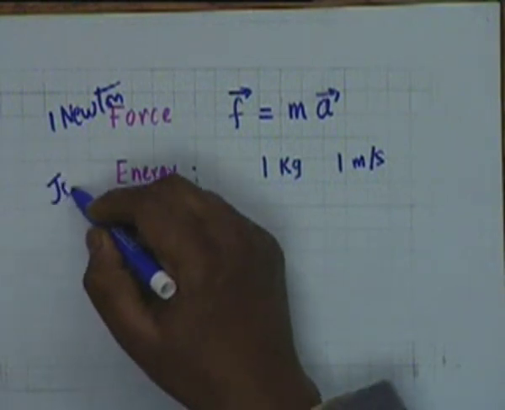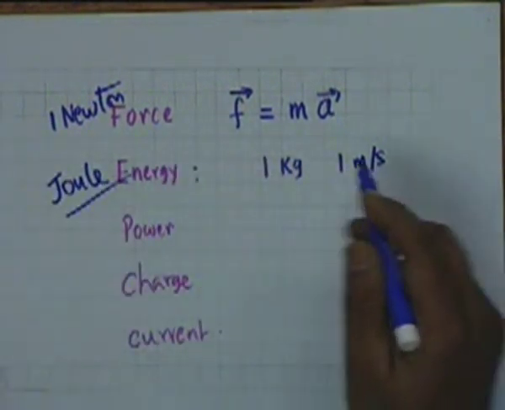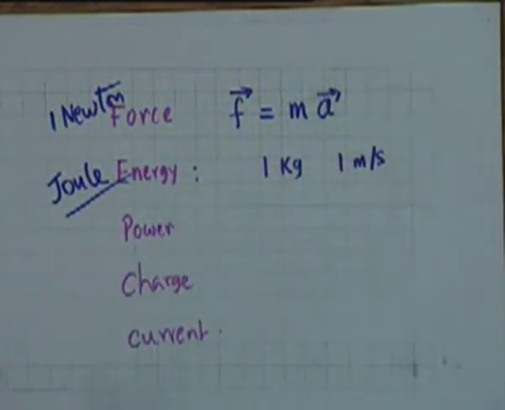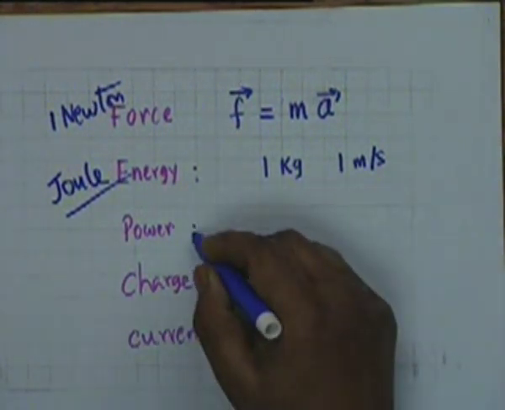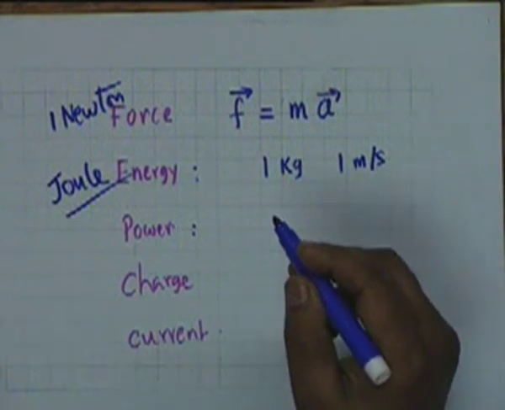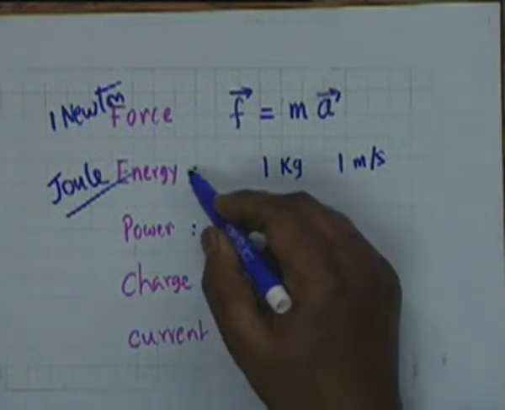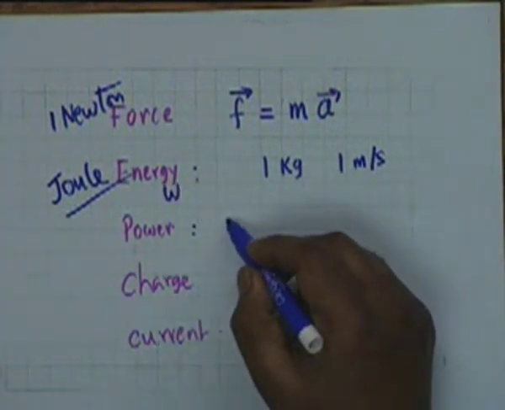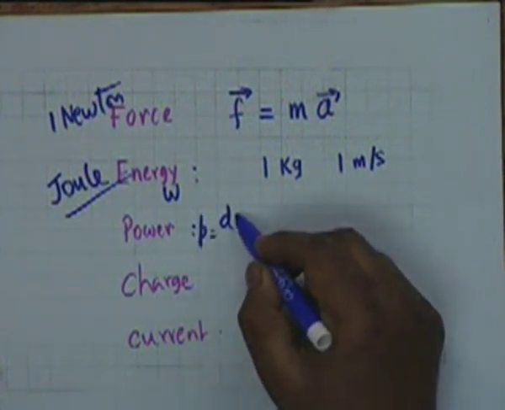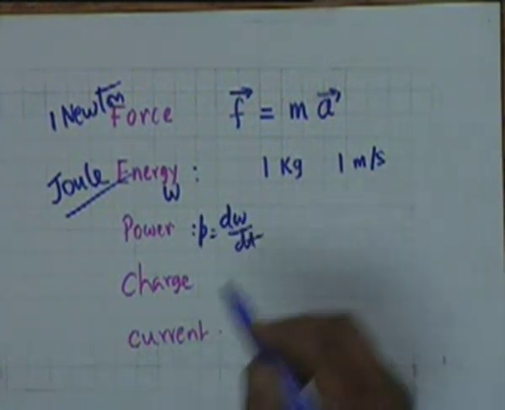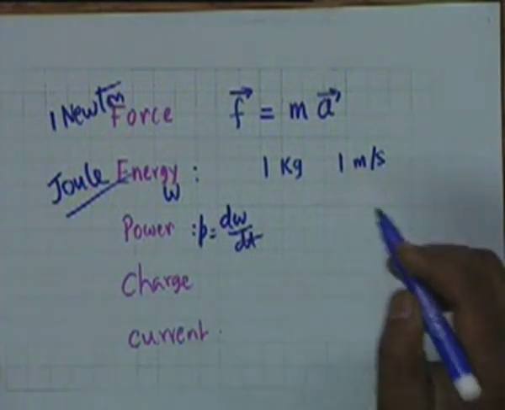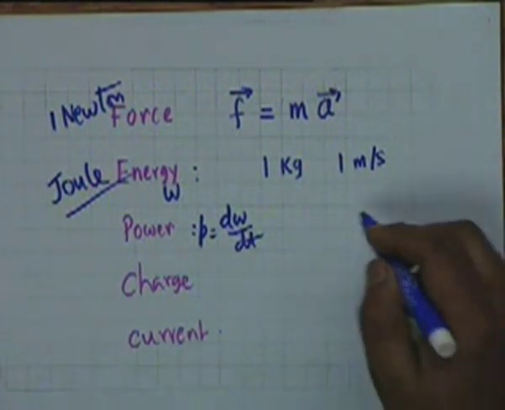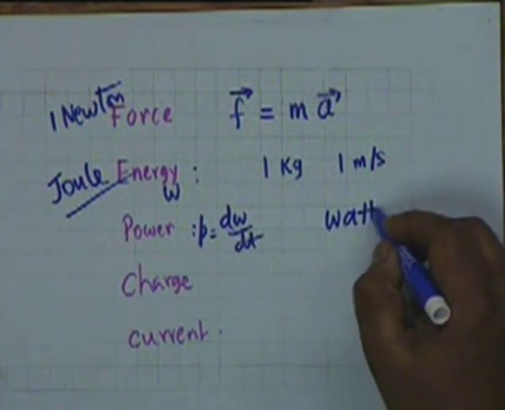Okay, so the unit is joule. You can have many other ways of defining a joule, but this is good enough. Power is the rate of doing work. So if energy is denoted by W, then power P is equal to dW by dt, rate of doing work, and therefore the unit should be joules per second, which we call a watt.